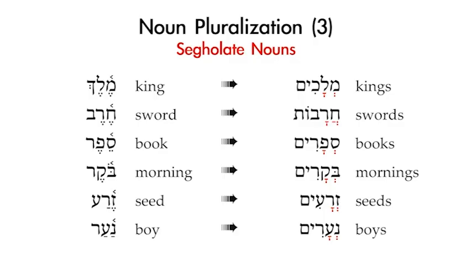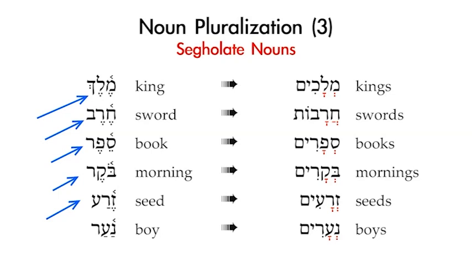Now, why are they called segolate nouns? Well, if you look briefly at some of the forms like melech, cherev, sefer, boker, or zerah, you're going to see that all of those forms have either two or one segols in them. That preference for the segol vowel has ended up becoming the nickname for those nouns, segolate or segol nouns.